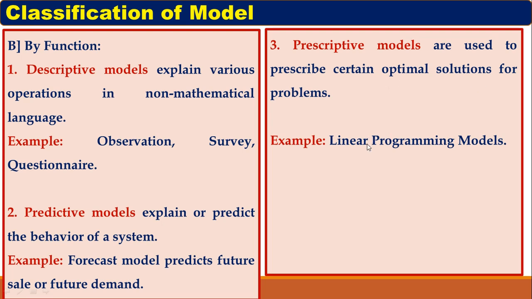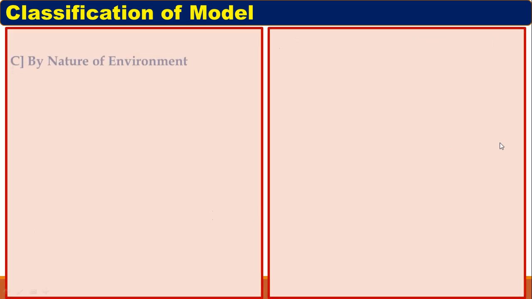If you prepare the model for a certain problem, and the variables of that system change, we can still use the same model to prescribe the solution. That is the example of the prescriptive model, the linear programming models.